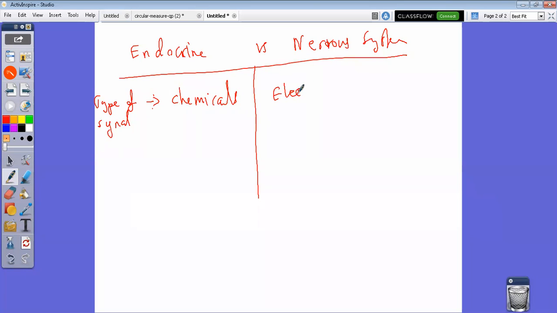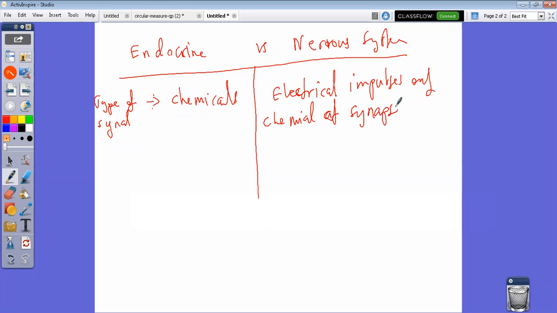Electrical impulses. Only chemical at the synapse. We'll talk about that later. Endocrine. Are we together?